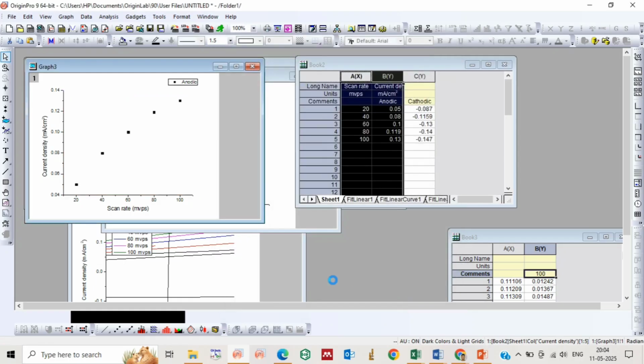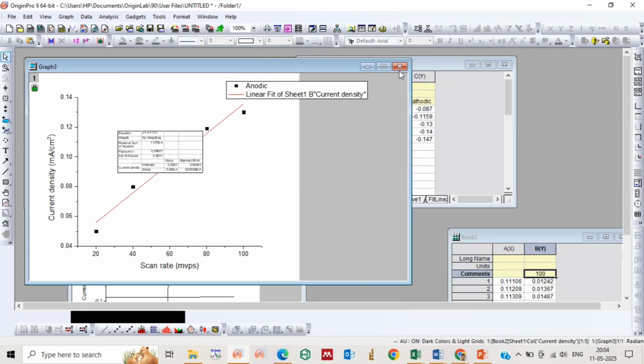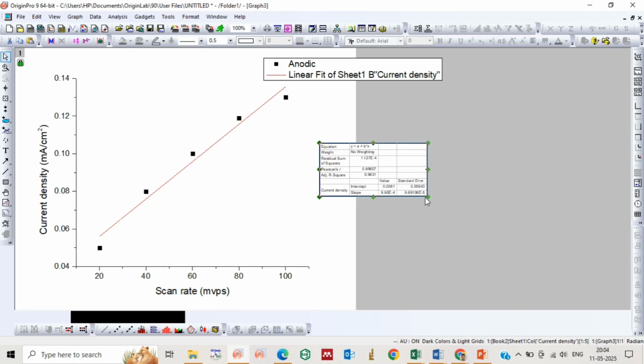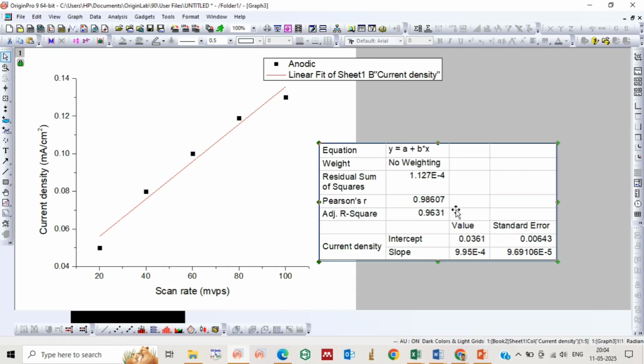Okay, now we will get one table here. Just zoom in on the table and you will get the R square value, that is 0.963.